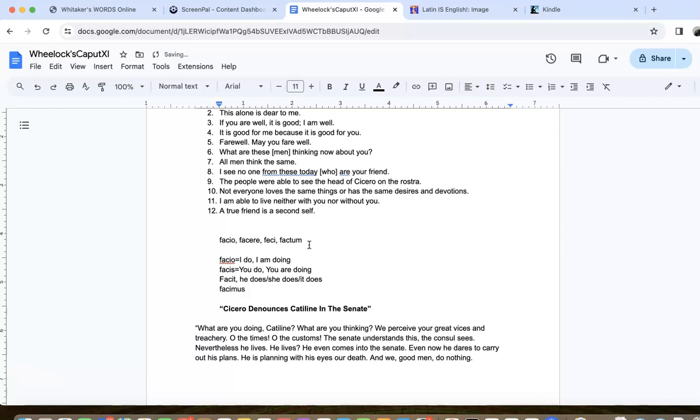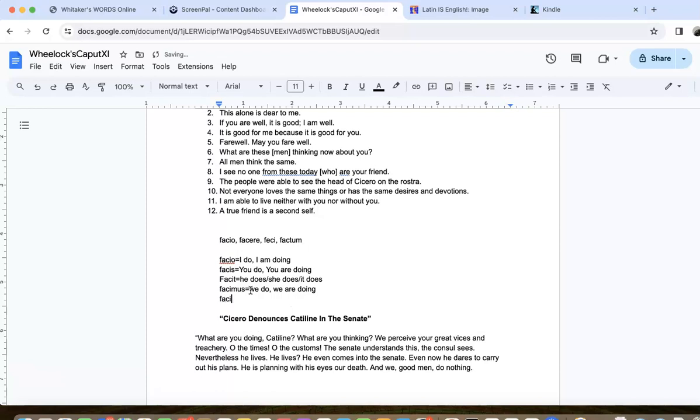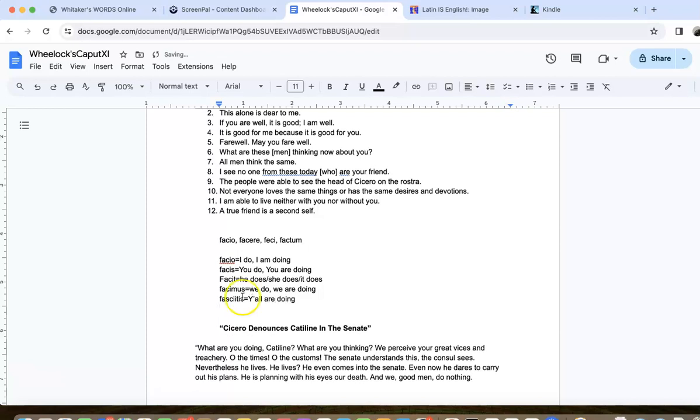Facimus, which we have here, equals we are, we do. I'm not going to write this for all of them, but you get the point. We need it in present tense. We are doing. Facitis means you all, so we can put that in idiomatic English: you all are doing. Misspelled that one there.